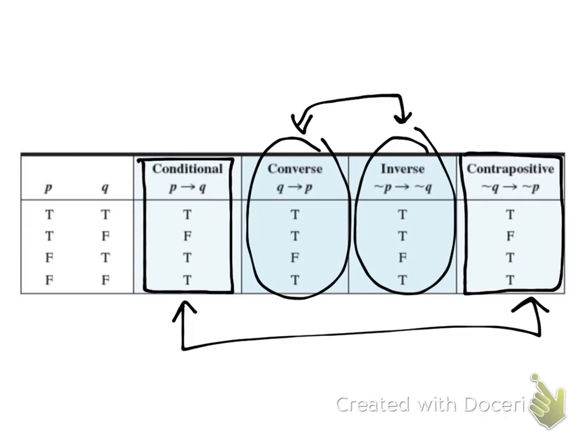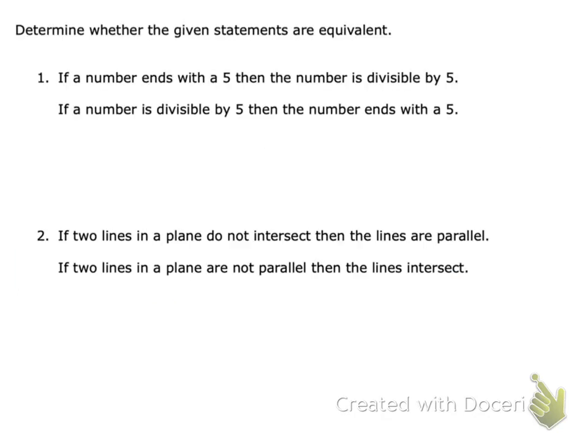What that would imply is that the conditional and the contrapositive would be equivalent with one another, and the converse and the inverse would be equivalent with one another. Bear with me there while we do the next examples, because then I want to go back to what we just did, because now I'm questioning that.